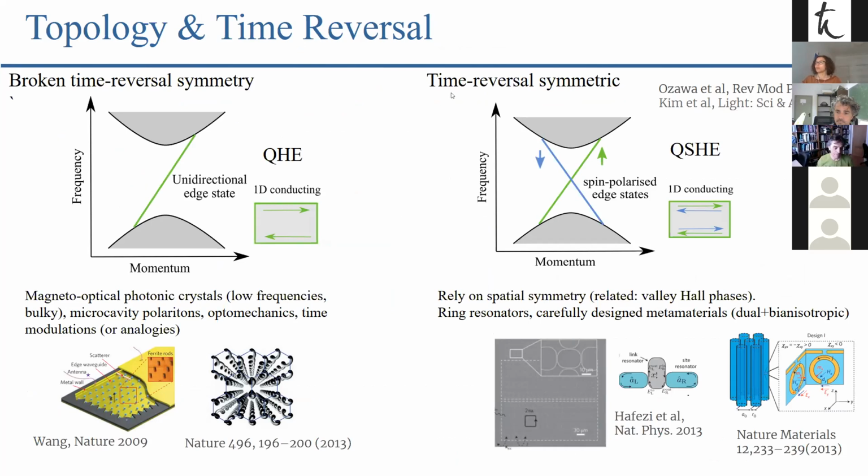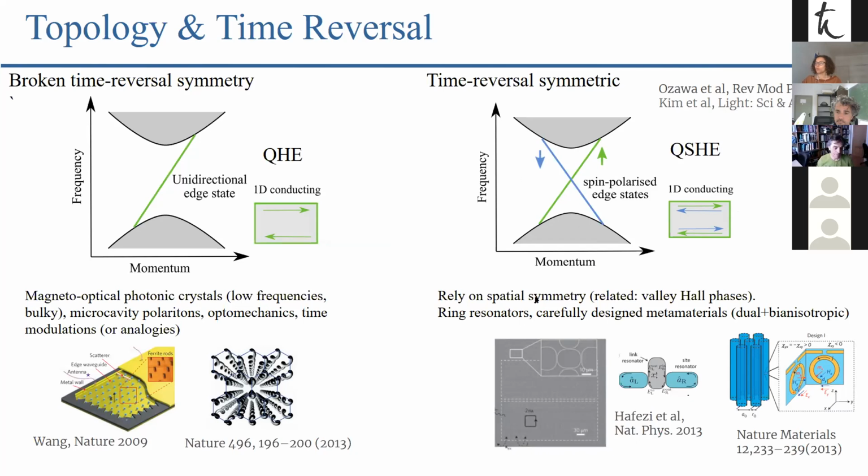On the other hand, there is the possibility to look for systems that preserve the time reversal symmetry, but now we don't have the spin degree of freedom for photons. So the idea is to look for analogs of spin and realize spin polarized edge states that propagate in opposite directions.